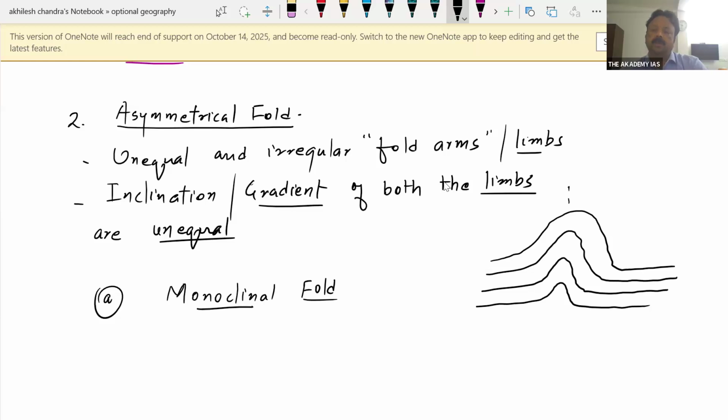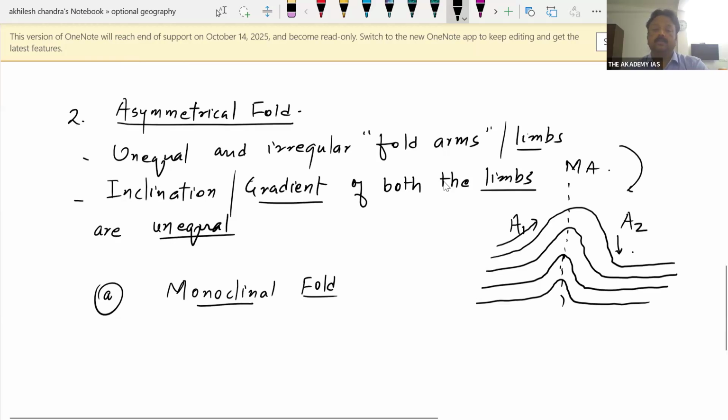So this is the medial axis, and there is a folding arm A1. Here it is A2. Try to see the slope. Fine. This is asymmetrical slope.